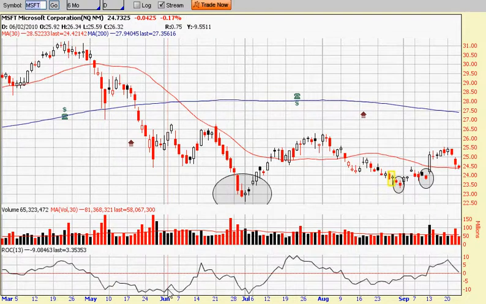So for Microsoft, since the beta is 1.07, I'm going to set it 6% below the last basing point. So we have my calculator.